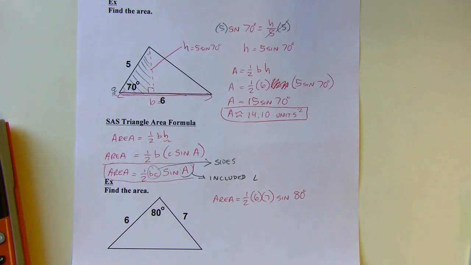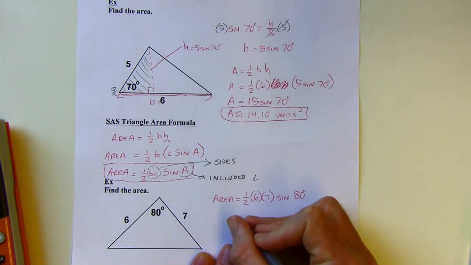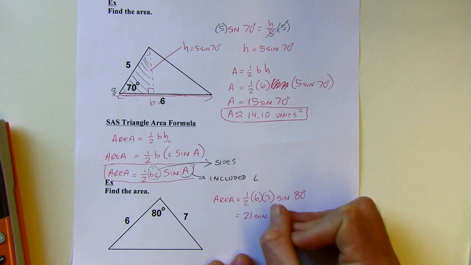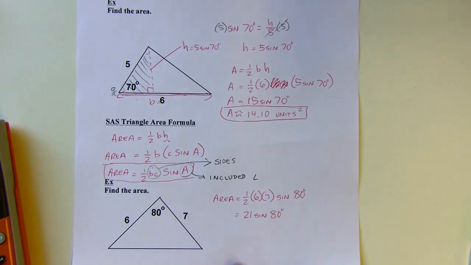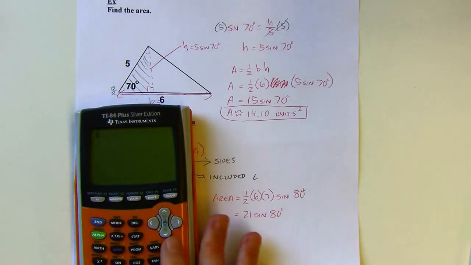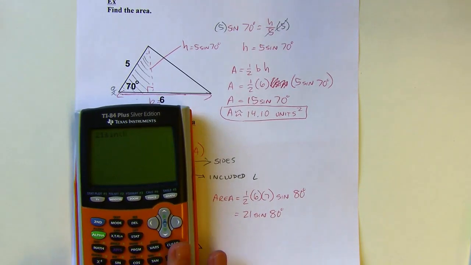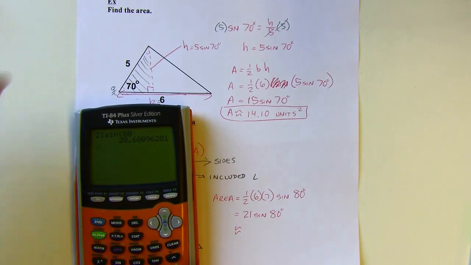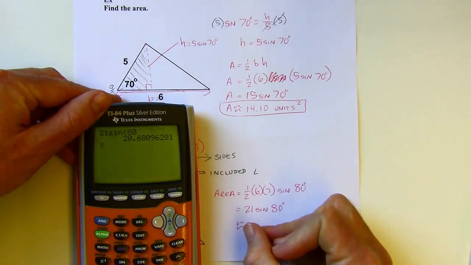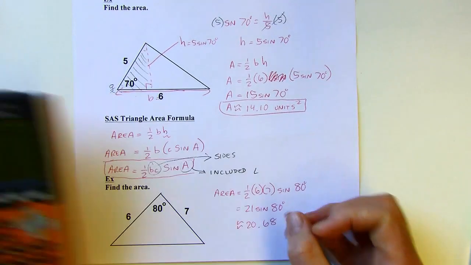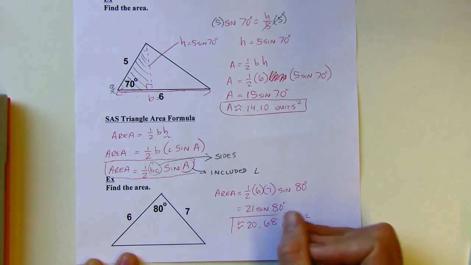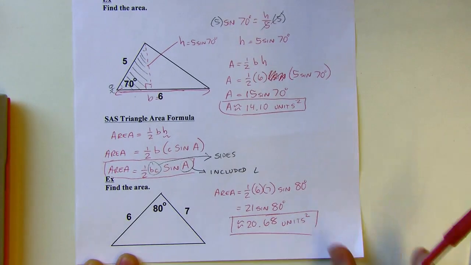I'm just going to put that all in my calculator. So I'd have 1/2 of 42, which would be 21. If I needed to give an exact answer, that's the best I can do. But usually we're going to do a decimal approximation. So 21 times the sine of 80 degrees is about 20.68. Again, I don't know the units, so I'll just say that many square units. And that is the end of the section.